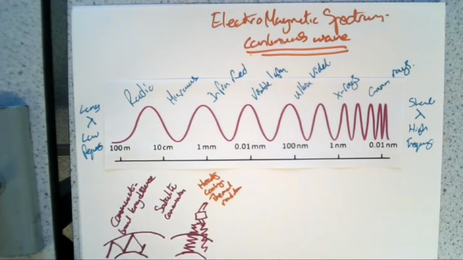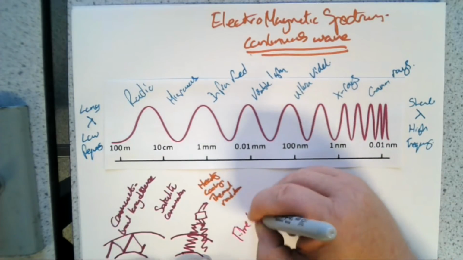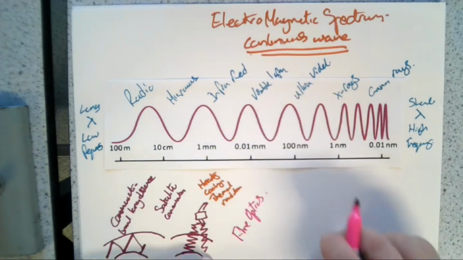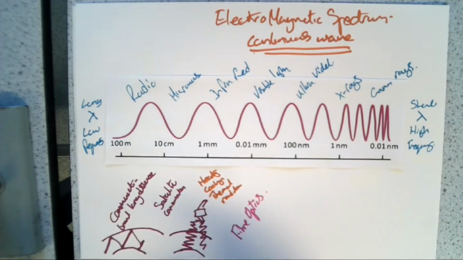Now, visible light, the only thing that you need to remember is visible light is used for fiber optics. Fiber optics are a way of being able to communicate and transmit information really quickly at the speed of light. In fact, you're watching this video because it's going from this live stream to a central server somewhere in the USA or Iceland, and it's coming back to you to watch in Barnsley or wherever you are.